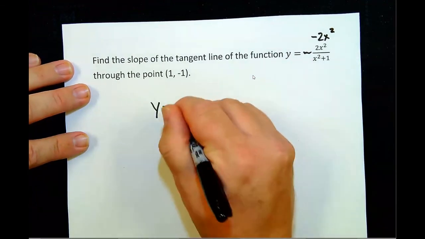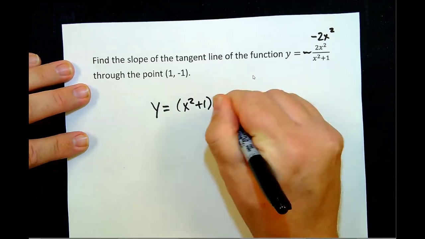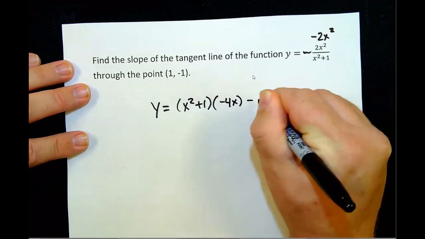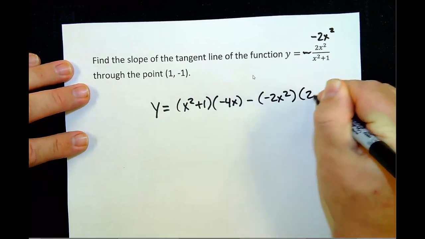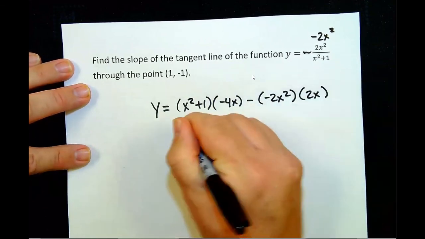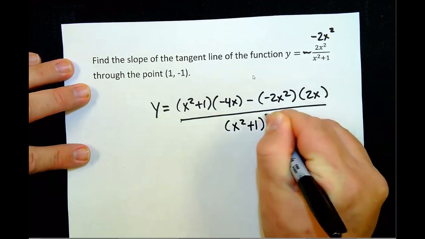So I'm going to do low d high minus high d low, all over low squared.